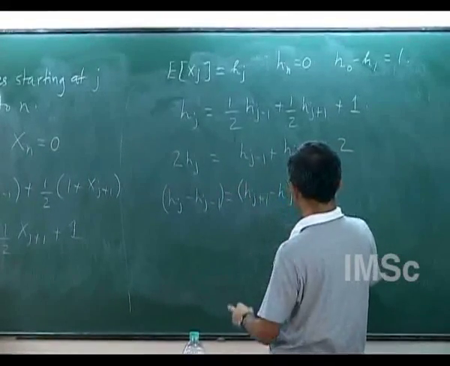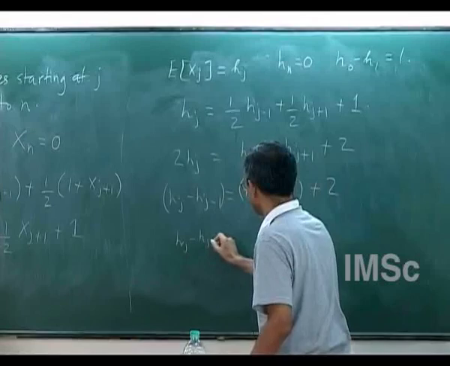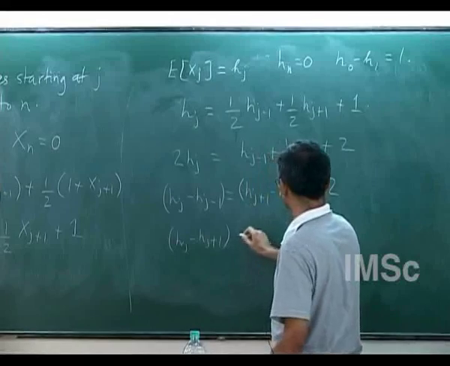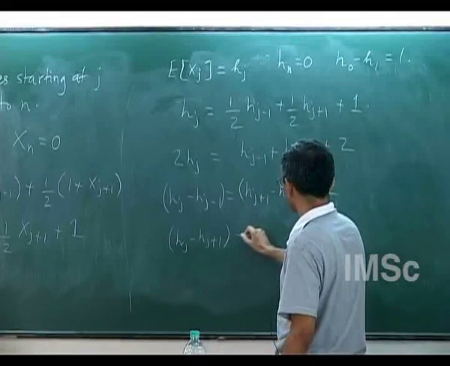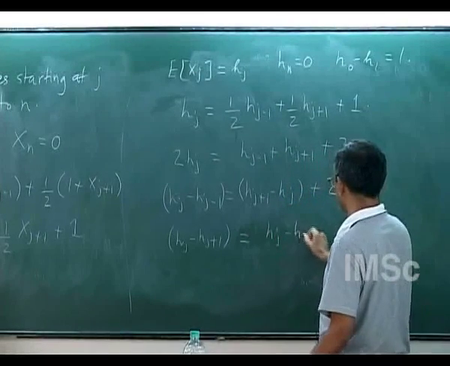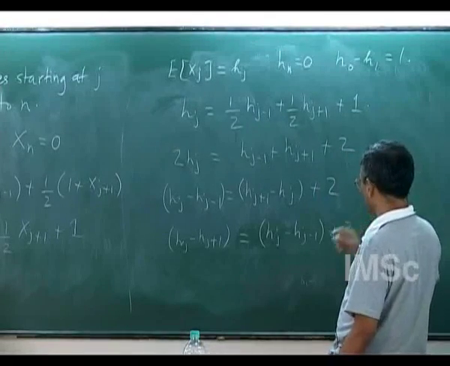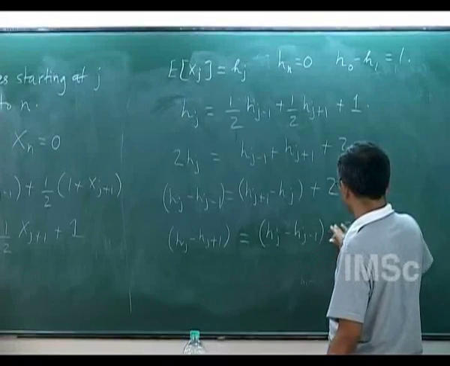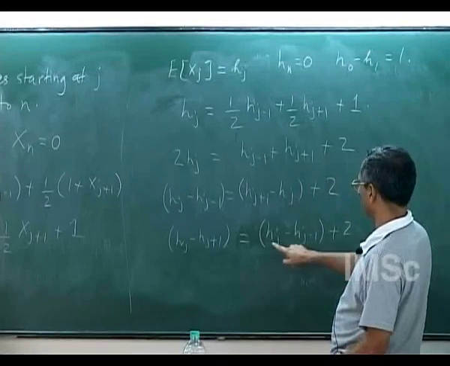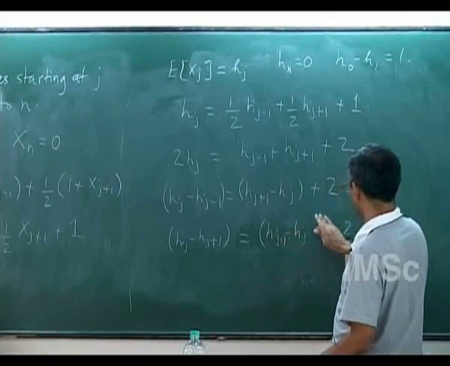How do I flip everything? I'll bring this here because this is positive. So h(j-1) minus hj equals h(j) minus h(j+1) plus 2. Is that right? Oh, so I should have plus 2 here? No, just this first h(j-1) minus hj. I see. Okay.